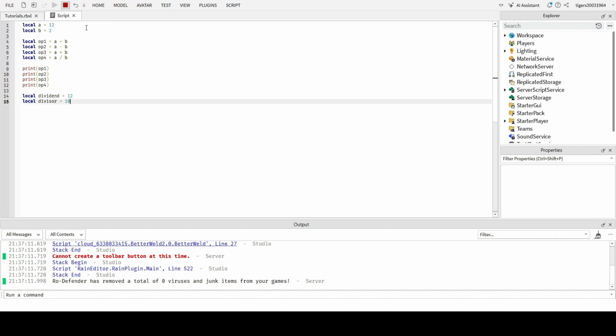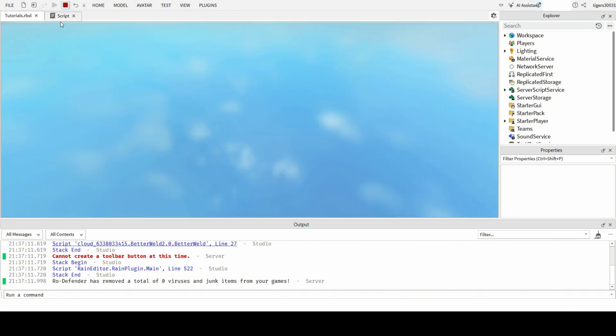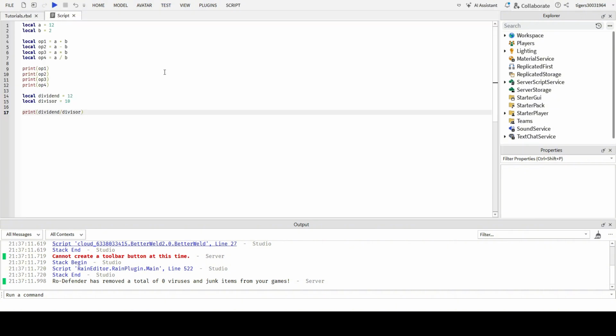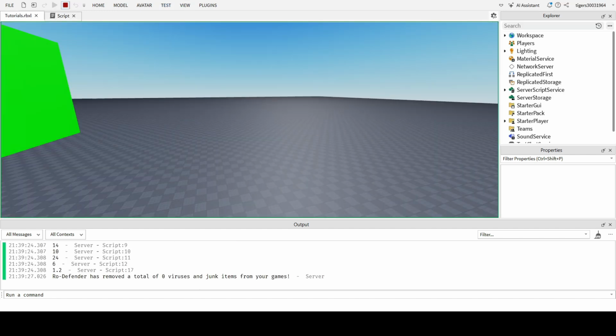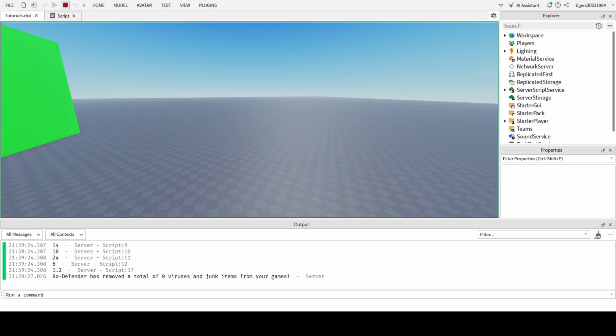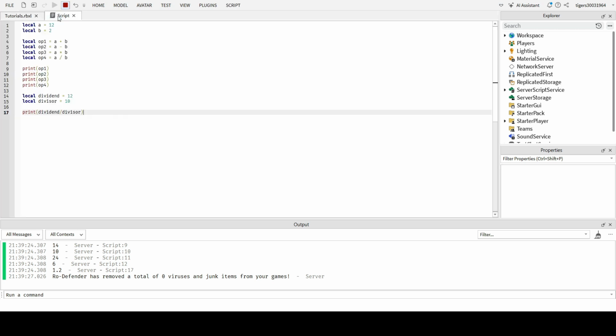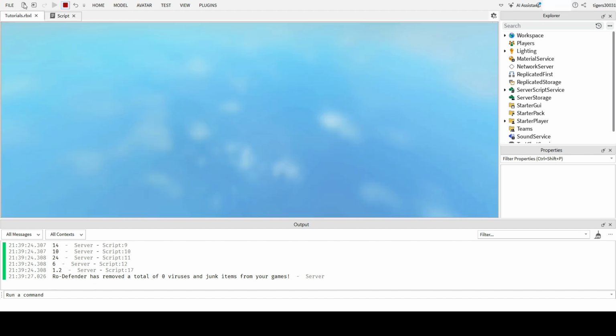Now if I ran standard division, say print dividend over divisor, there we go, and this is going to give me 1.2, and we call that the quotient.